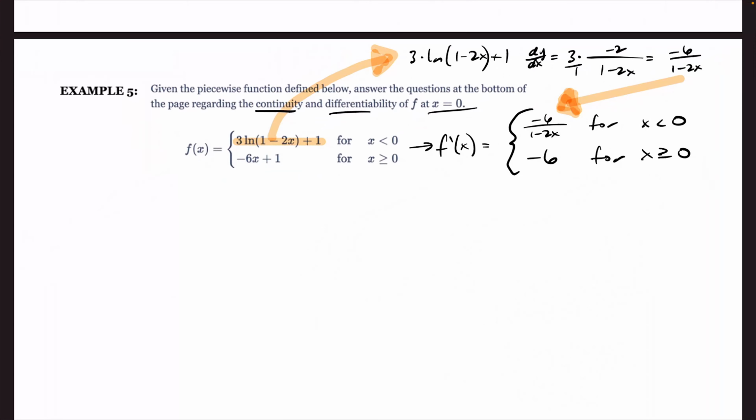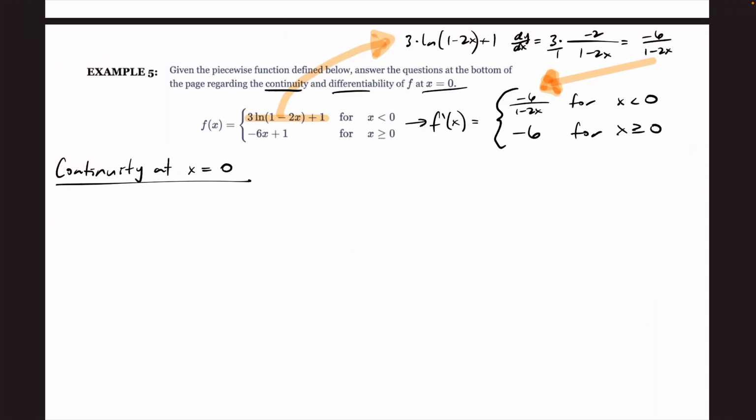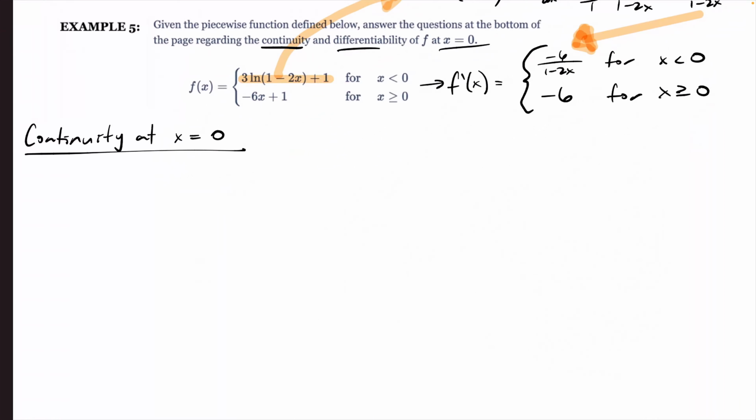Continuity or differentiability, it doesn't matter which one you check first as long as you check both. At x equals 0, check continuity. So the limit as x approaches 0 from the left of f of x is equal to the limit as x approaches 0 from the right, which is equal to f of 0. That's what we did last chapter.